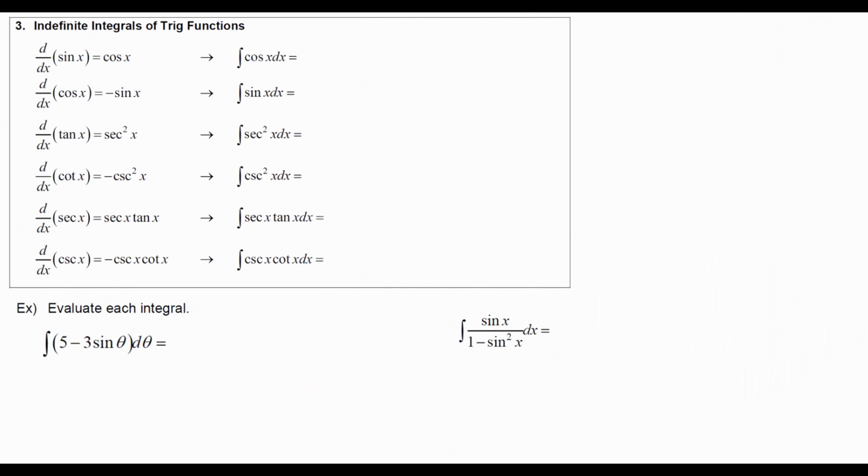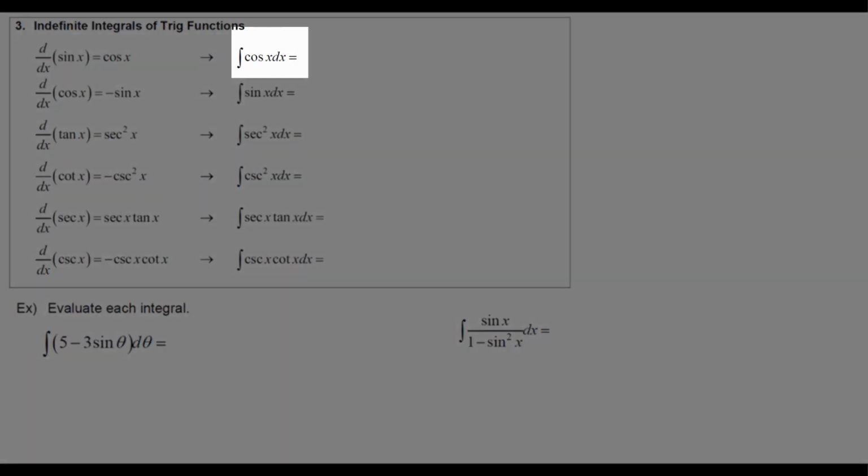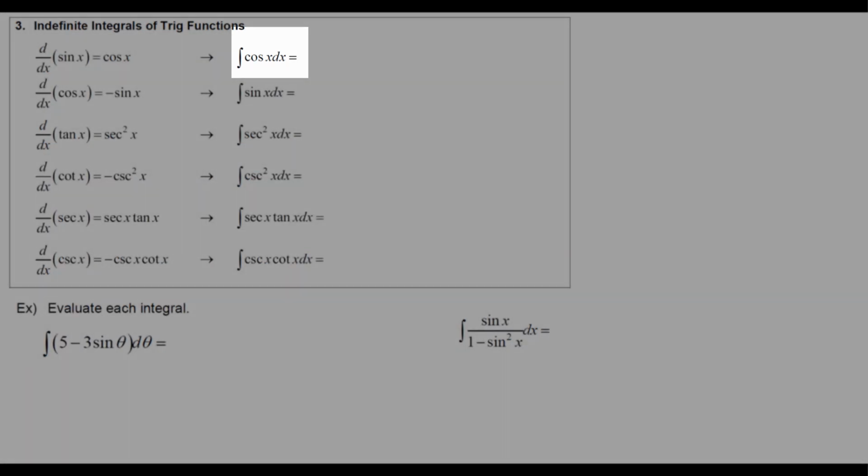As you have seen so far, differentiation and integration are inverse operations to each other. And because you know all the rules for derivatives for trig functions, you can actually answer all these integrations for trig functions. So what will be the integral of cosine x dx?